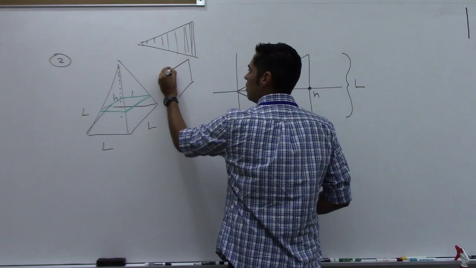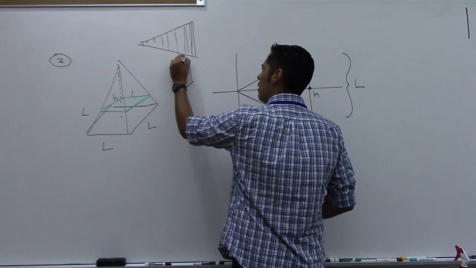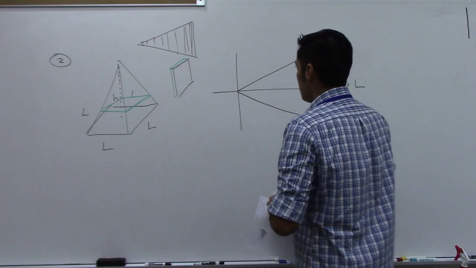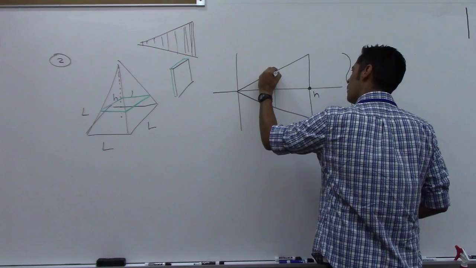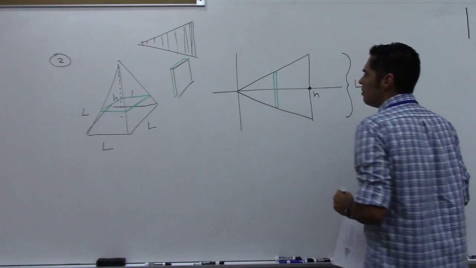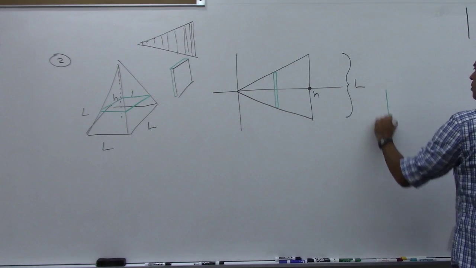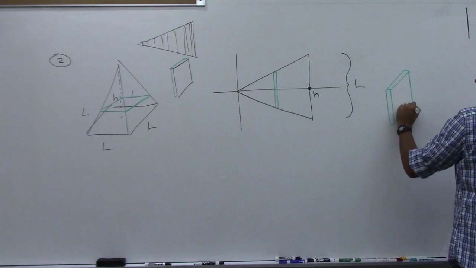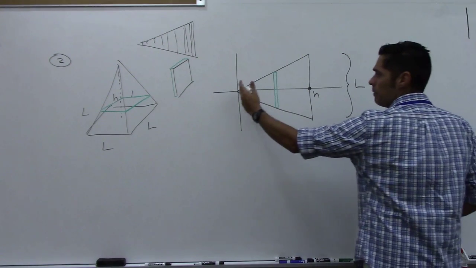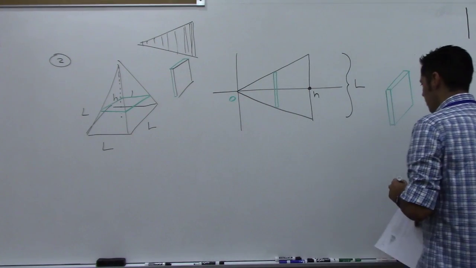So imagine the little sliver of the pyramid. I have to determine over here in this picture what the volume of that slice would be, and then I'll add up all those slices, going from 0 over to H.